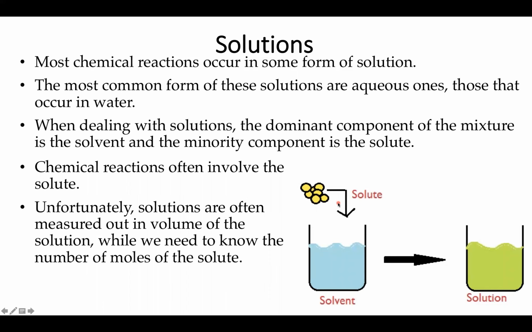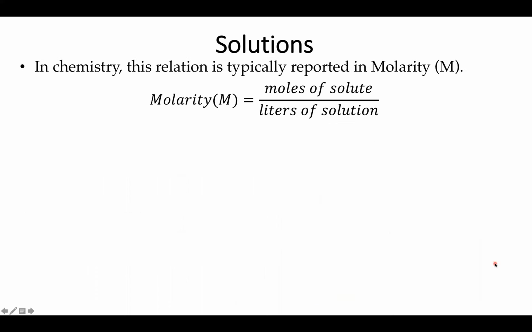And that works fine if we measure out our mass of the solute, but most of the time, all we have is a mass or a volume of the solution. So I need some way to tell exactly how much solute is present in a given volume of solution. And because what we really care about is the reactive component, we need to be looking at the moles of that solute. And because it's the easiest thing to measure out, we're going to be looking at moles of the solute in liters of solution.